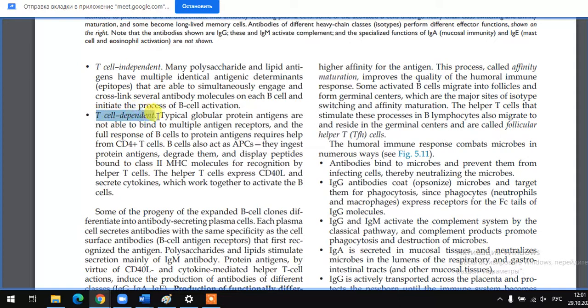You see, B lymphocytes are pretty selfish, and they can be pretty independent from T cells. They can be activated not only by proteins, but just by polysaccharides and lipid antigens which are present in bacteria.